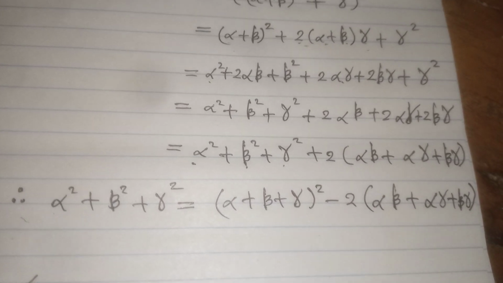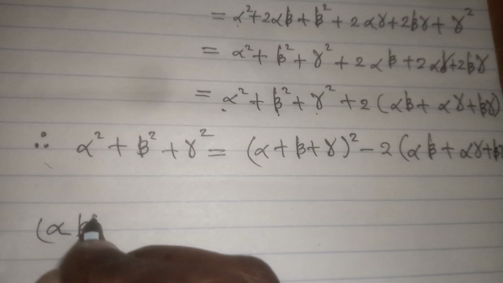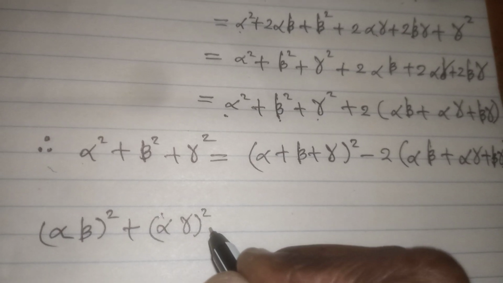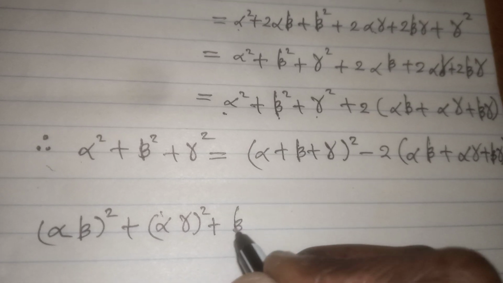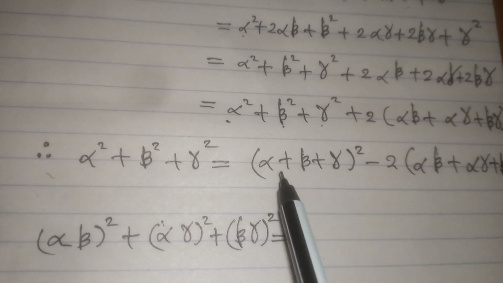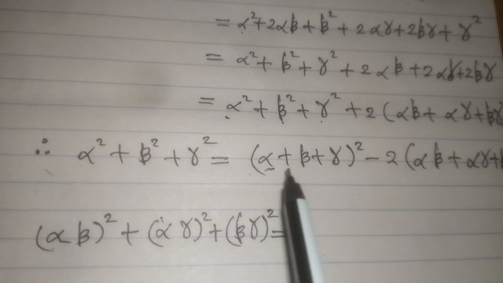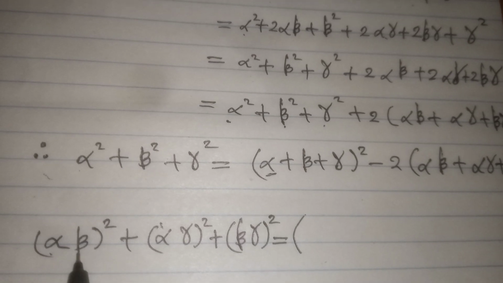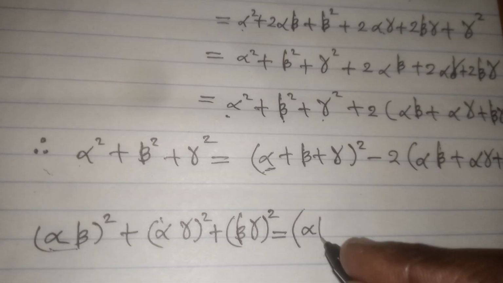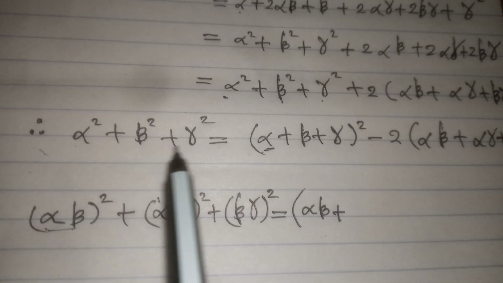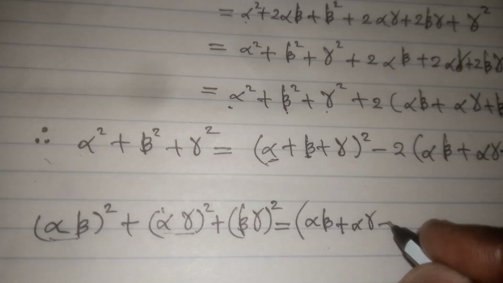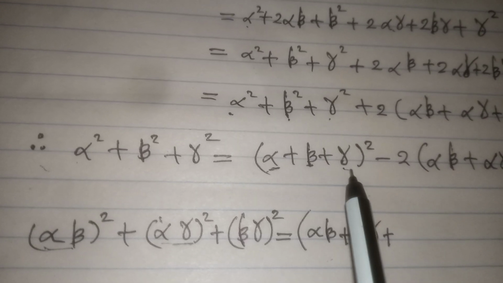If we have alpha beta squared plus alpha gamma squared plus beta gamma squared, it is the same as saying: the position of alpha here is taken by alpha beta, so we replace alpha by alpha beta, then plus, the position of beta is taken by alpha gamma, plus the position of gamma is taken by beta gamma.